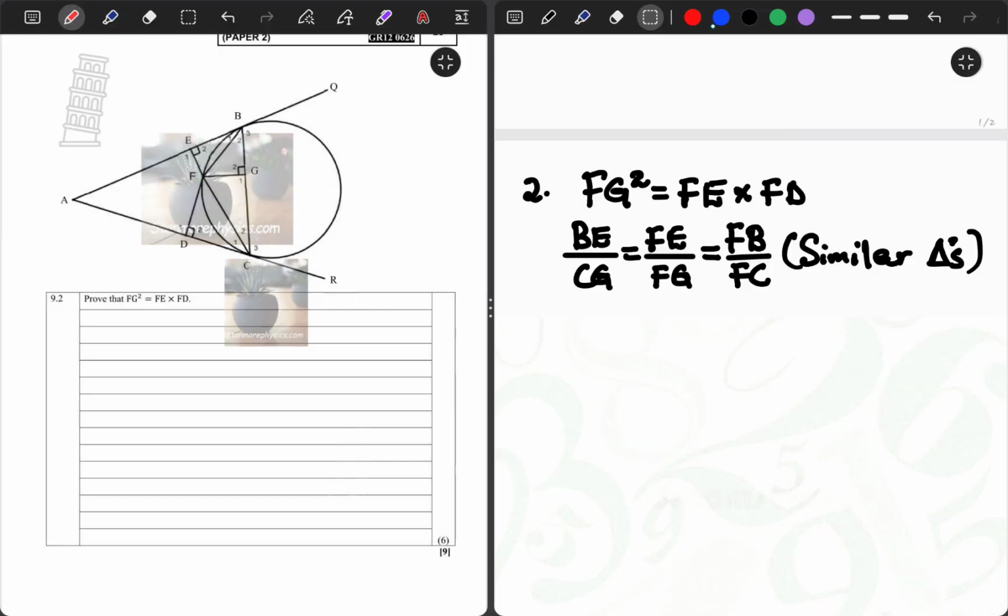So I've got FE and FG there, which is this one here, which is that one there. But let me see here.